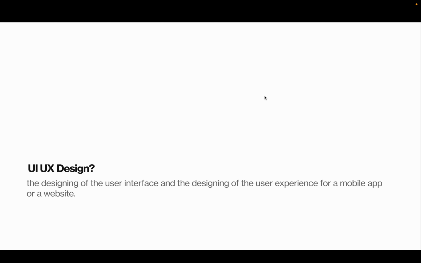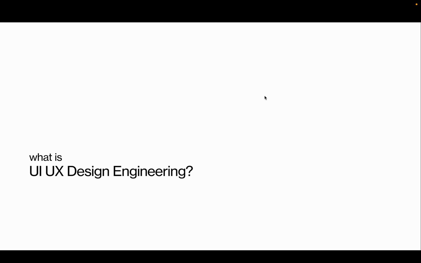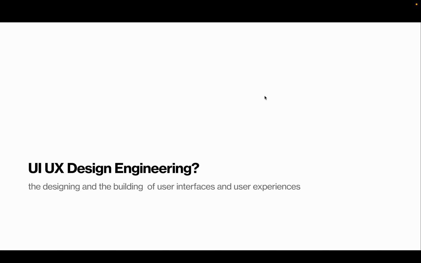So now that we know what UI UX design is and we know the core functions of a UI UX designer, I would like us to answer the second question, which says, what is UI UX design engineering? So to make this very simple, I would like to say that UI UX design engineering is the designing and the building of user interfaces and user experiences.